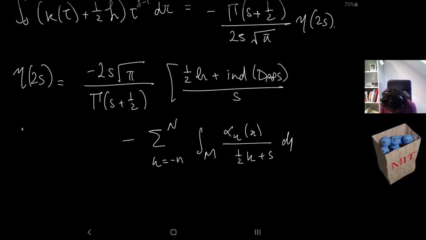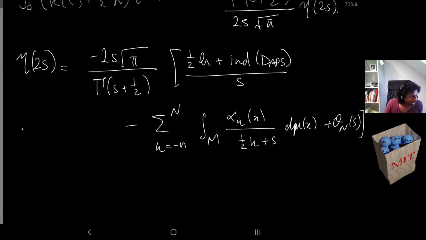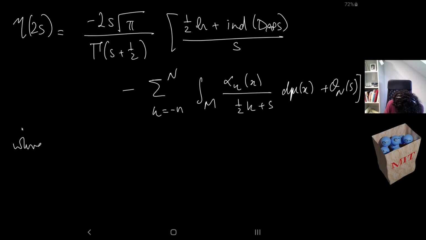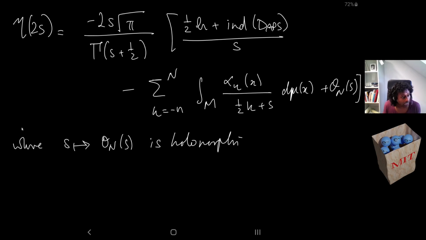So this is d mu x now, plus some theta n of s, where these are functions, theta n of s is holomorphic for the real part of s greater than negative n plus 1 on 2.